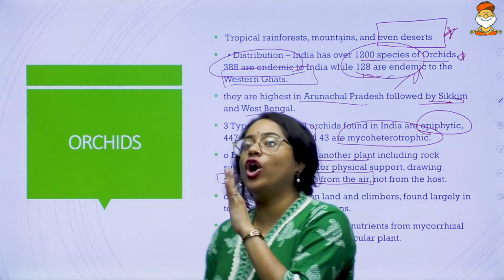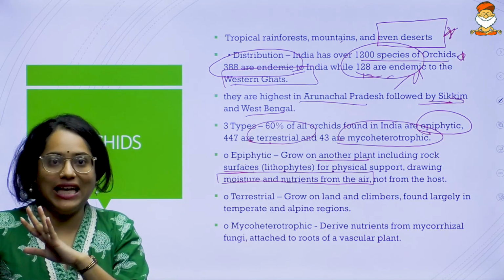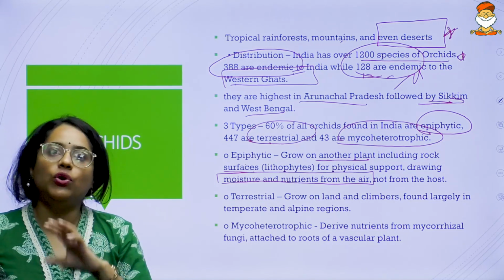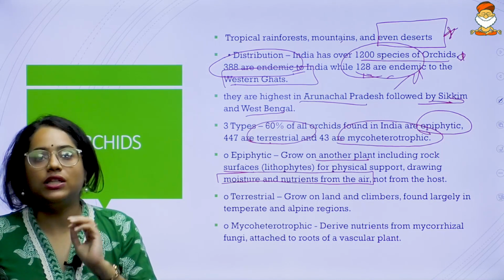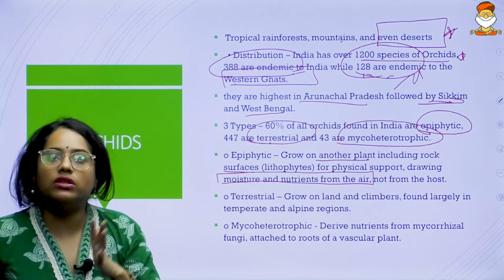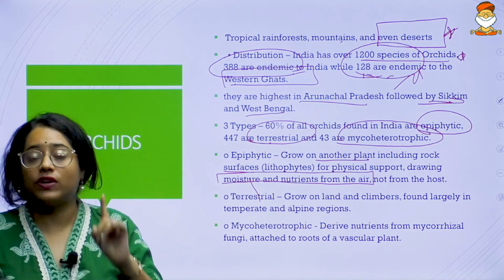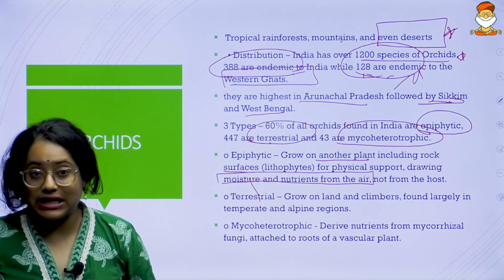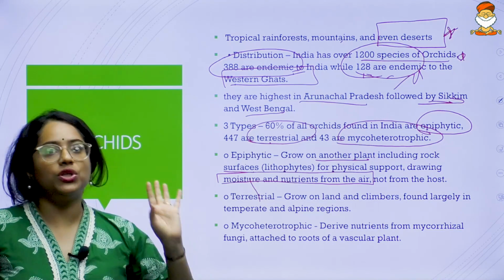They just grow on the other plant for support because they are too weak, but they don't derive nutrients from it. It's not a parasitic thing. The nutrients and the water content, you get from your air and not from the host.